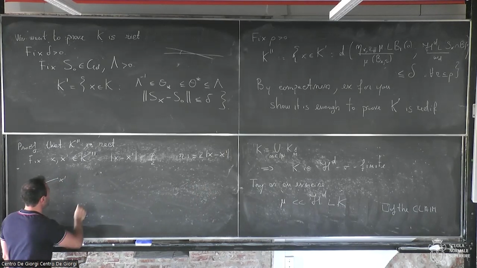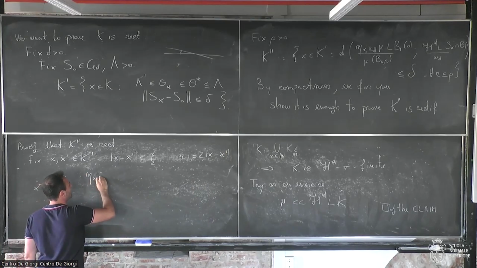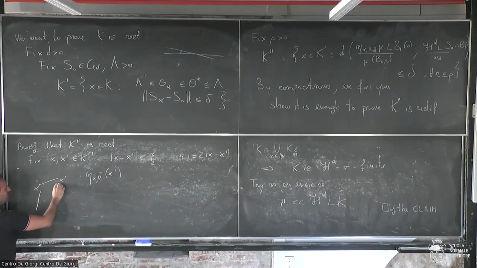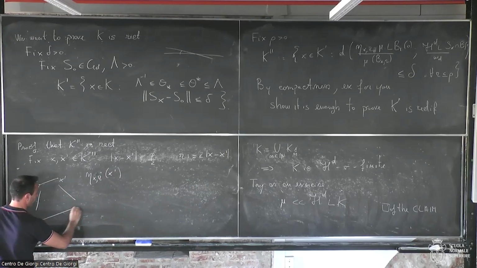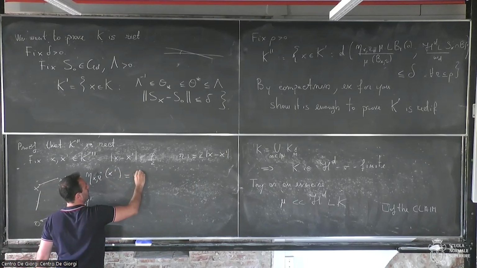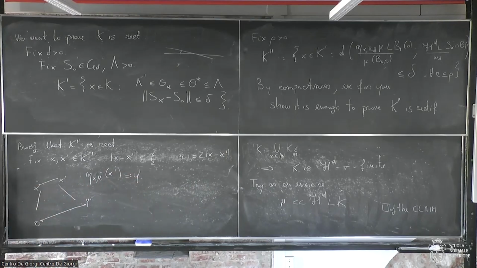I take the dilation eta x r of x prime. This pushes the dilation the following way. This is 0, and this is y prime. Now this guy will always be of length 1.